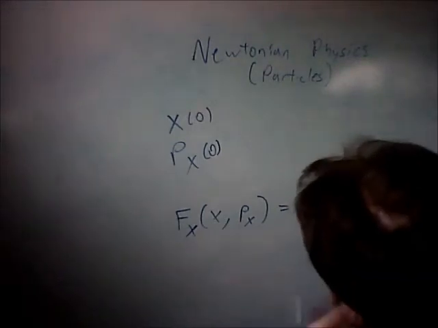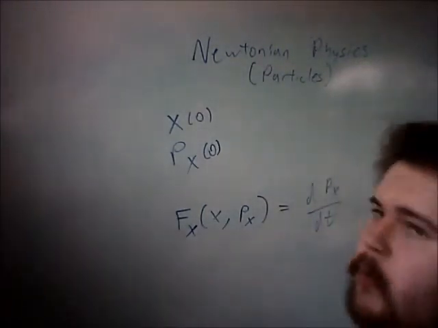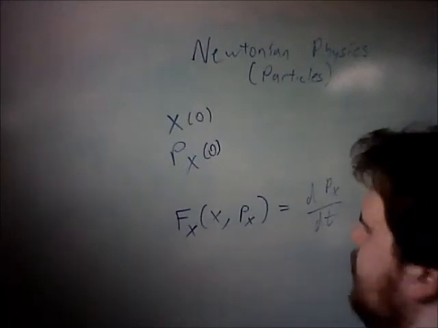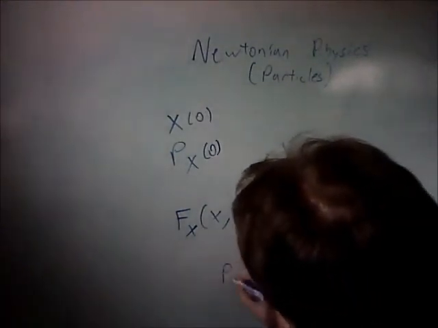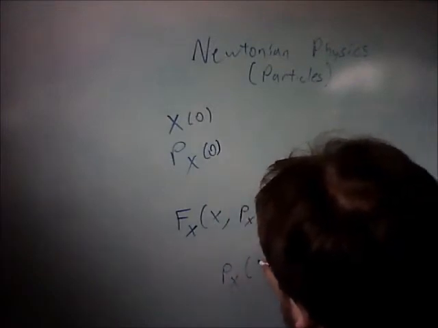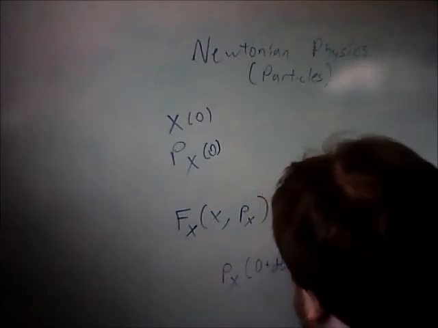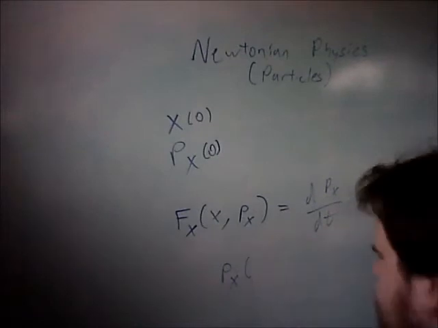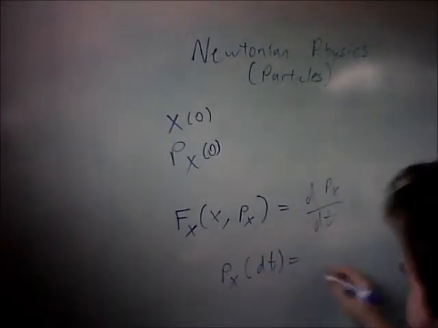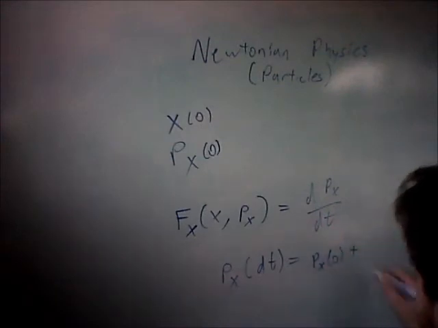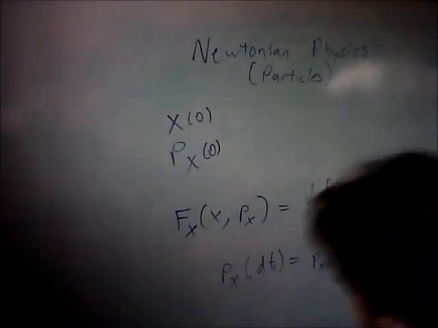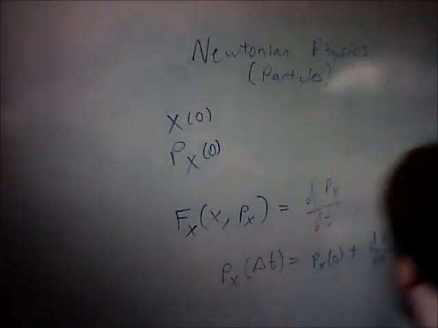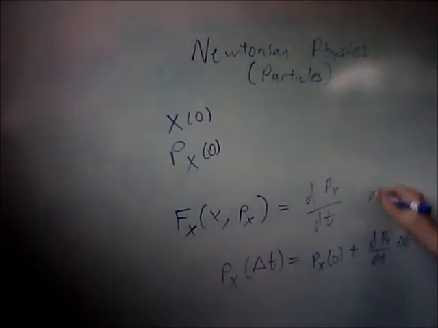This will tell you if you move forward in time by an amount dt, then p sub x at 0 plus dt, in other words, p sub x at dt, is equal to p sub x at 0 plus dp_x/dt times, I suppose we should call this delta t, where delta t is a variable which is very, very small.